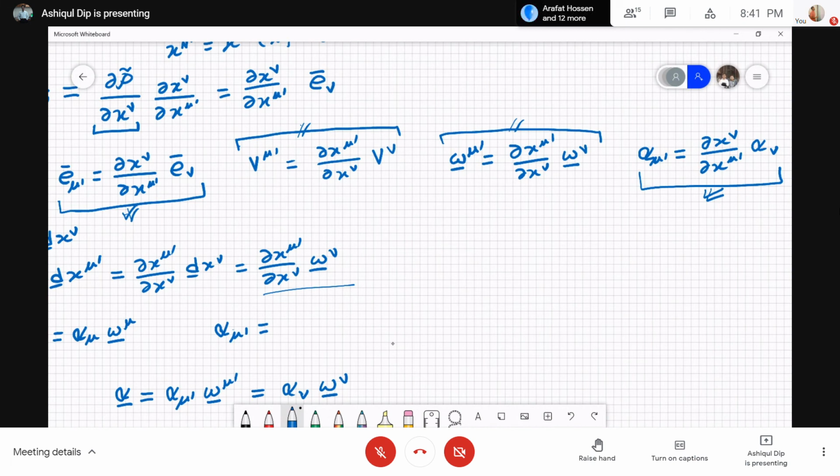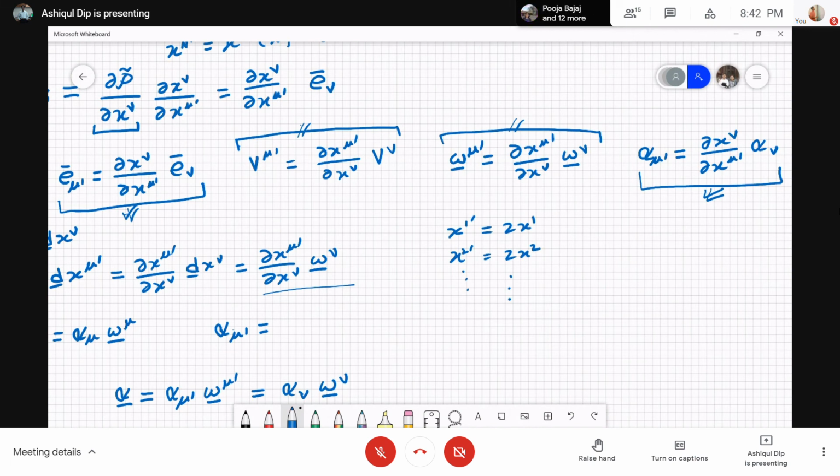The older coordinate is multiplied by 2. That means your x1 prime is basically twice x1, and x2 prime equals twice x2, and so on, right?